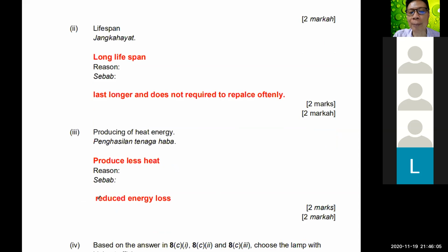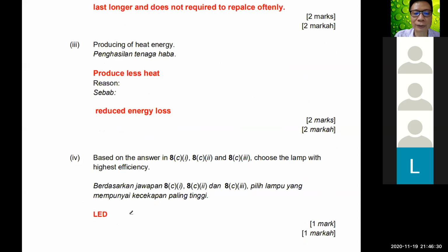It's the same meaning because it can reduce the energy loss. When you reduce the energy loss, it means you make it more efficient, right? So your answer is correct, Yuan. You can say increase the efficiency. So the last one, you make your choice. The one you choose is LED. Okay, that's all, LED.